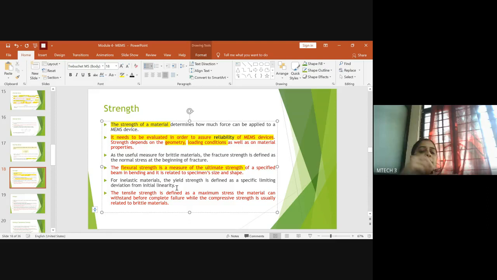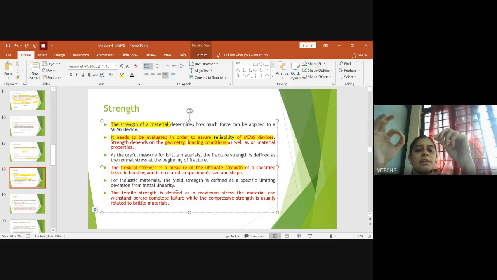So in case of plasticity, we usually refer to the yield strength. That is the maximum strength the material can bear before it gets into the plastic stage. Once that has been crossed, it moves into the plastic range, wherein it cannot come back to its original position. So that is the yield strength.